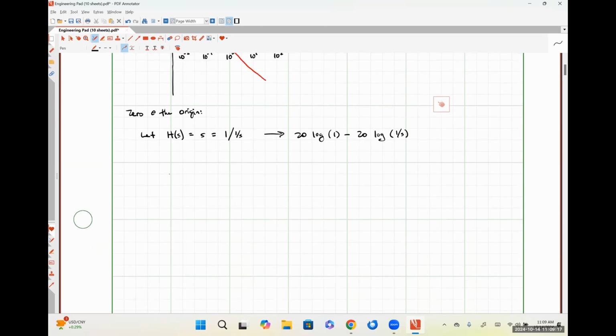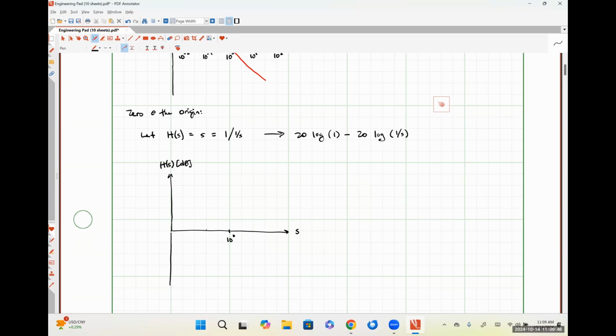So graphically, that would look something like this. Here's H(s) in dB. That's less writing to do. And here's s.